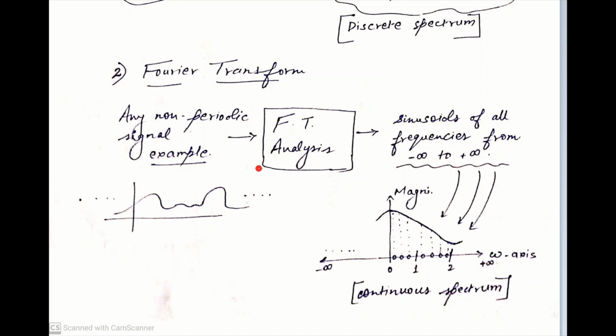Similarly here, when you take any signal, periodic or aperiodic, and do its Fourier analysis, for a periodic signal you do Fourier series analysis, and for an aperiodic signal you do Fourier transform analysis, then in the output you will get different sinusoidal functions. When you add these sinusoidal functions together, what do you get? You get the original function, the original signal. So this discovery, when it was made, was such a nice breakthrough in signal processing technology.